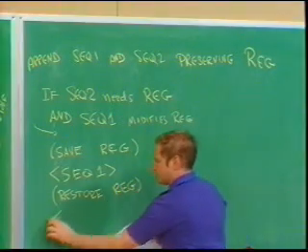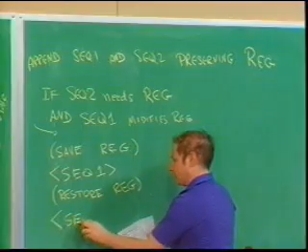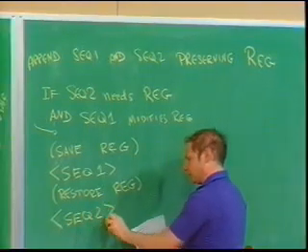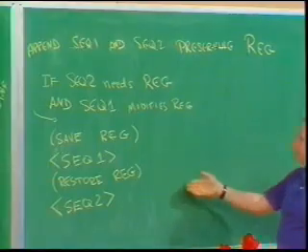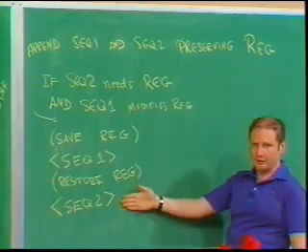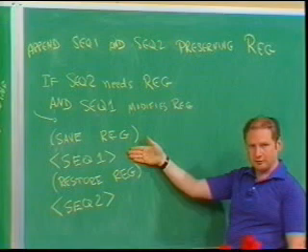And then you put out the recursively compiled stuff for sequence 2. That's in the case where sequence 2 actually needs the register, and sequence 1 actually clobbers it.